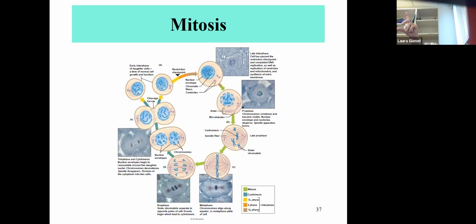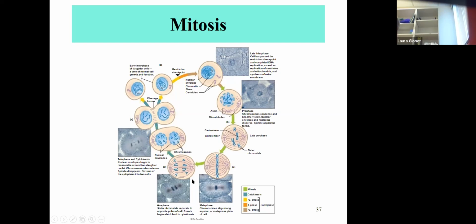And we also put one of those cell on a stick models there. So you can look through the microscope and go, okay, this is what it looks like on a specimen, and this is interphase on a cell on a stick model. Then you would go to maybe the next microscope, which would be a prophase, then a metaphase, an anaphase, and telophase. So you can see this kind of progression that's occurring.